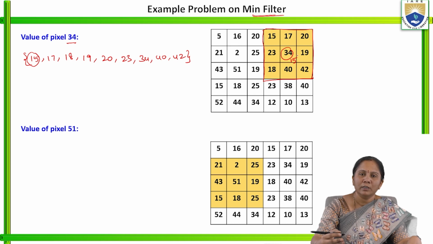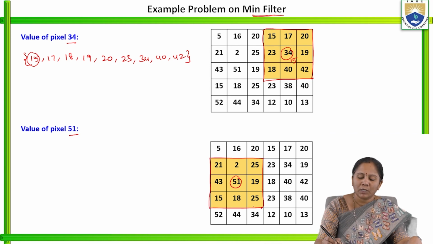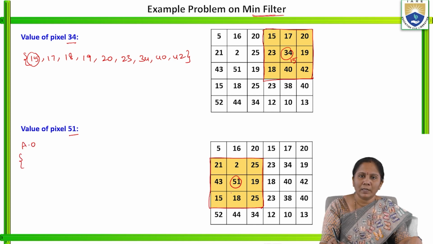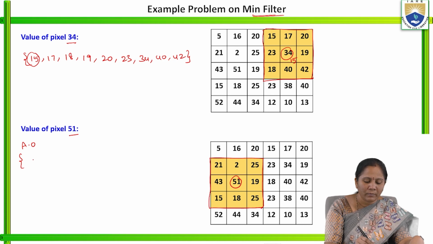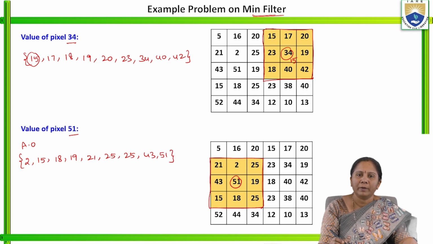Similarly, if you take this mask and apply it again from the starting, 51 becomes the center pixel, and all these are the neighborhood pixel values. Considering all these neighborhood pixel values, arrange them in ascending order. We have 2, 15, 18, 19, 21, 25, 25, 43, 51.